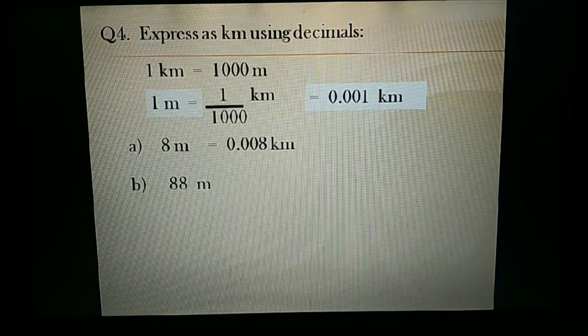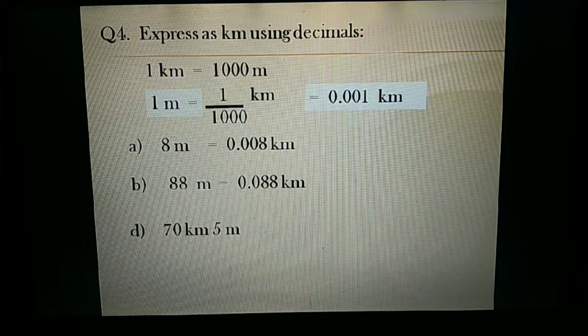Next is 88 meter. There are 2 digits, but we have to put a point after 3 digits from right as per formula. So you will write it as 0.088 kilometer.